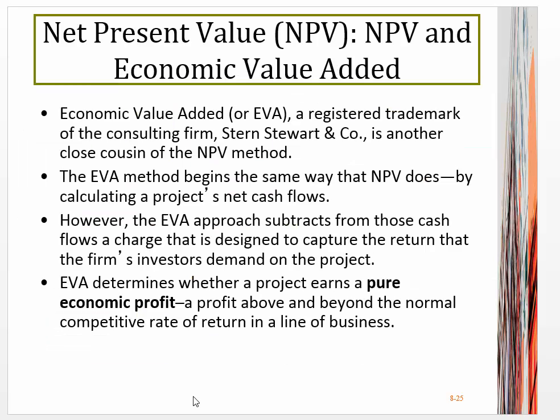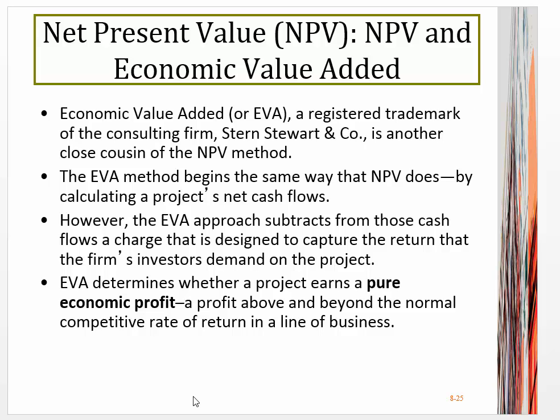Now, there is something out there that's called economic value added, and it's not in your textbook, at least not to any greatest extent. And I think just briefly, we need to mention it because I think a lot of companies are really starting to use this concept of EVA in how they evaluate projects and how they ultimately determine bonuses and compensation for some employees.